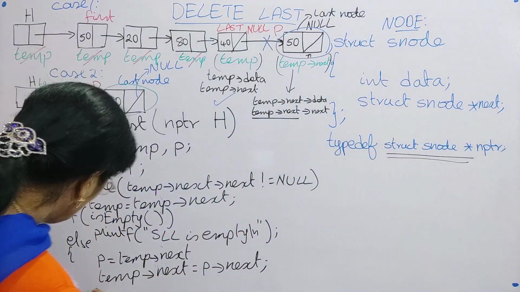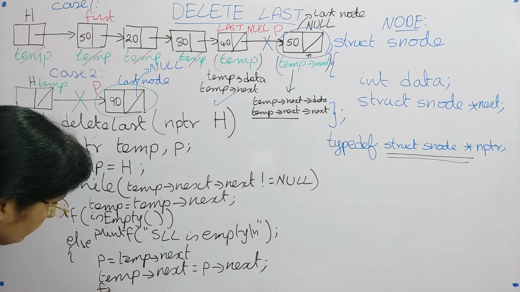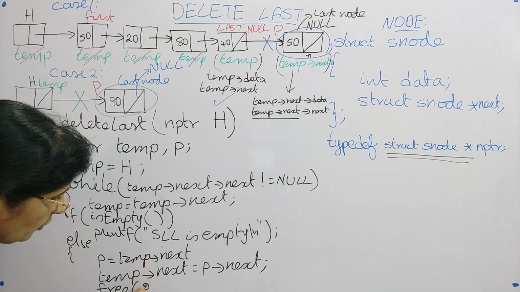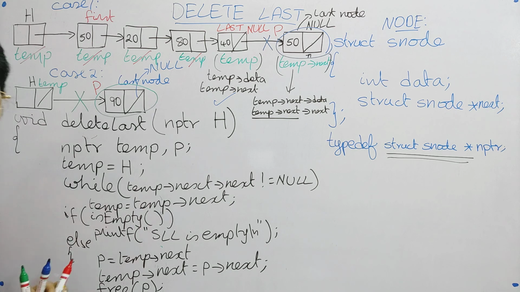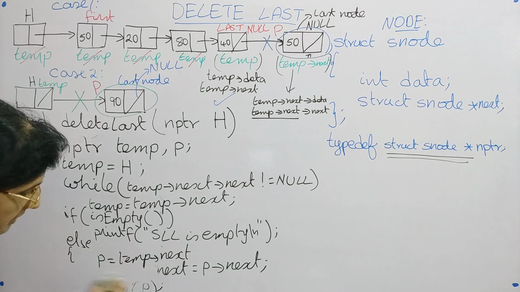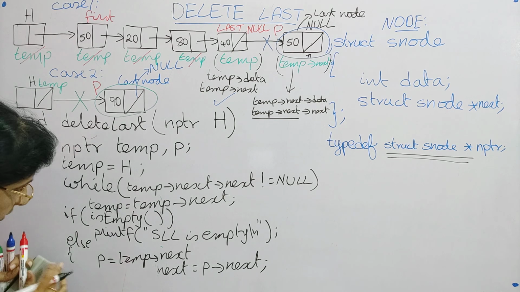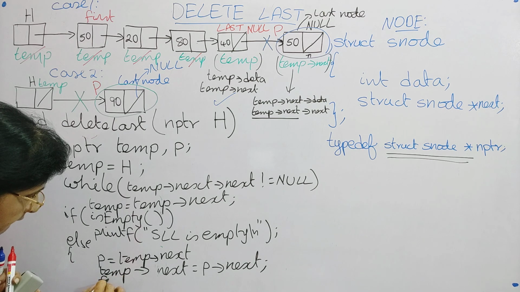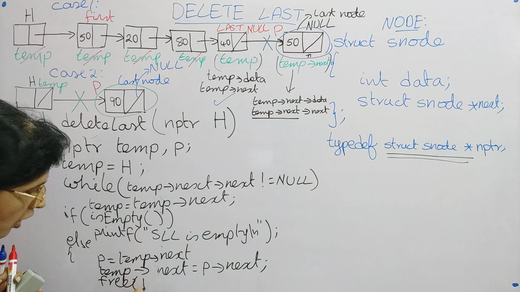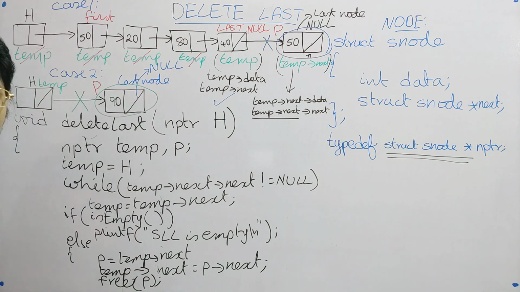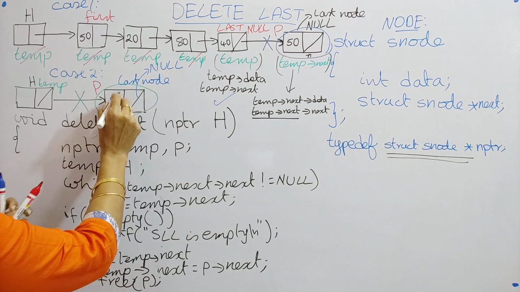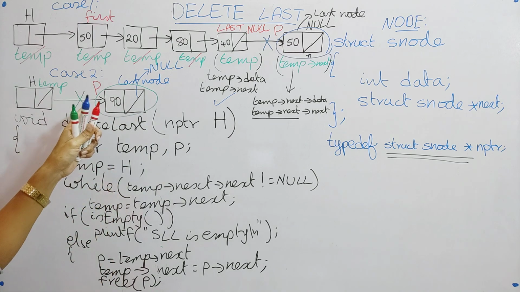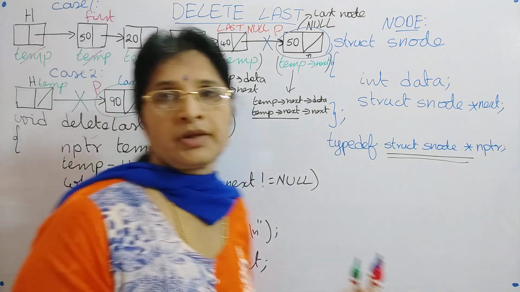For deleting, you can give free. You have to note the free function. The free function will delete the memory that has been allocated to that particular node. Free of P. That means the memory that has been allocated to this particular node is deleted from memory.